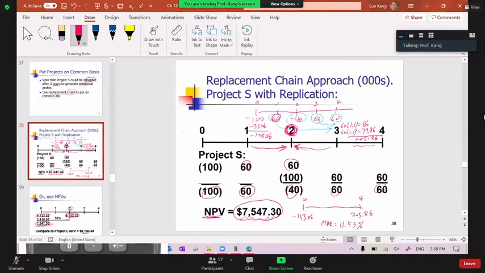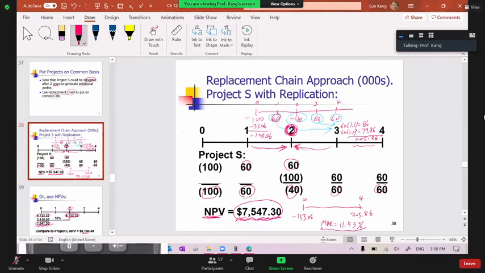So MIRR is pretty low. So actually, that's the problem of MIRR. NPV wise, this way should give you, this way means what? Replacement chain should give you the highest IRR, right?